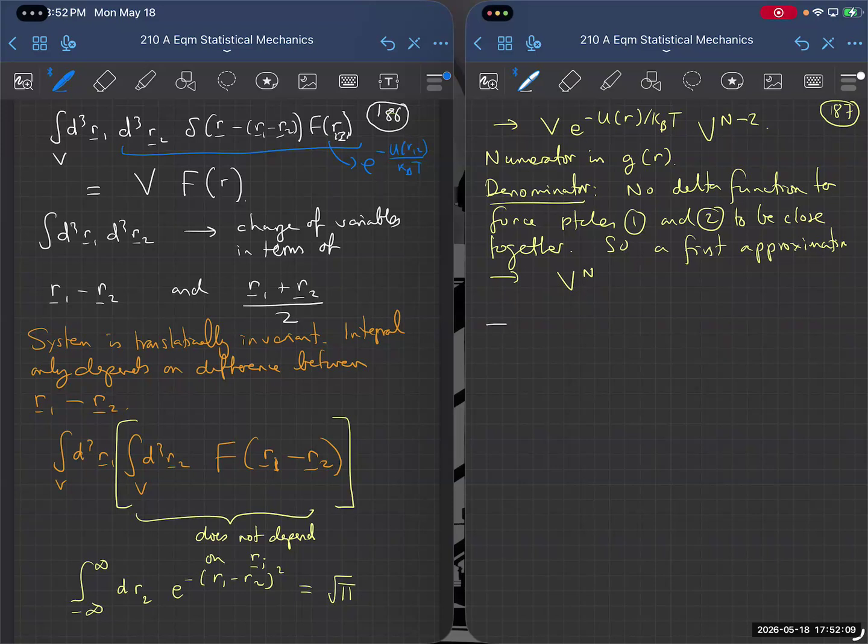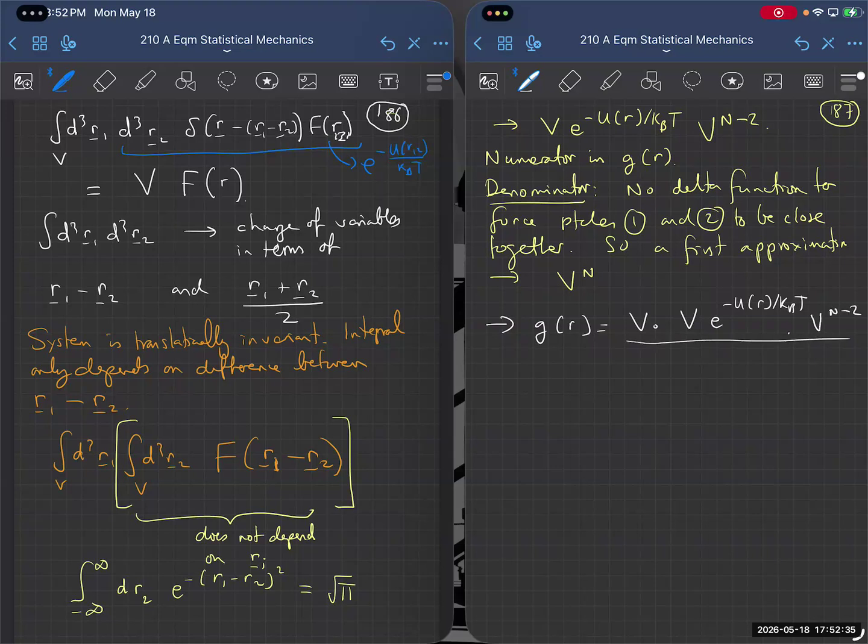So therefore, now plugging into my formula for g, I've got g of r is equal to v times v e to the minus u of r over k_B T times v to the power n minus 2.